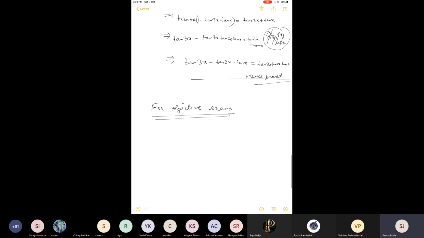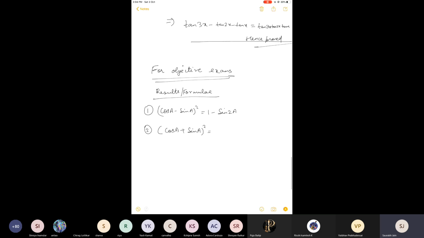You can say that their results or formula is same. Cos a minus sin a whole square. This I think we have used, but I will tell you how it comes. 1 minus sin 2a. Then next one is cos a plus sin a whole square is 1 plus sin 2a.